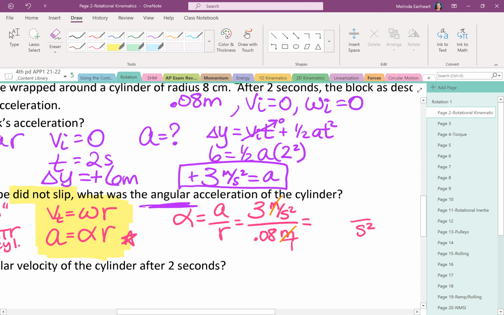Something over second squared. There's no physics variable there. So what's our placeholder unit that comes back to us as needed? Radians. And if you remember the other day, we said the SI unit for angular acceleration is radians per second squared.